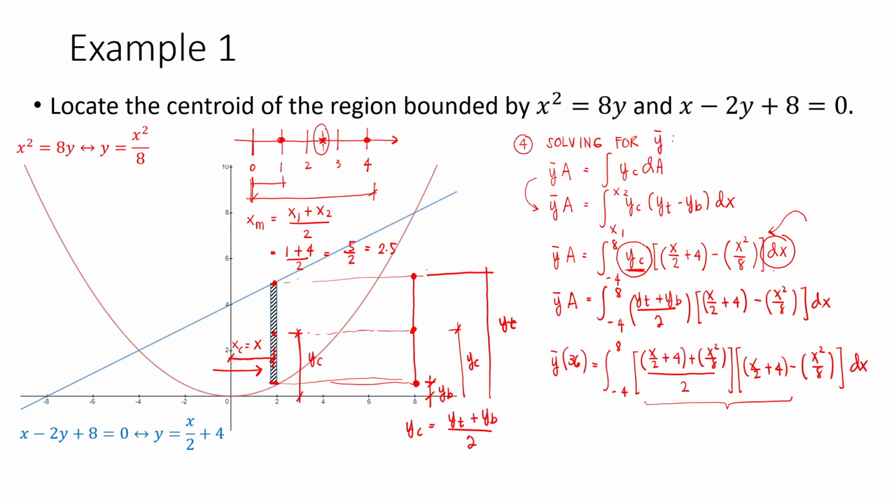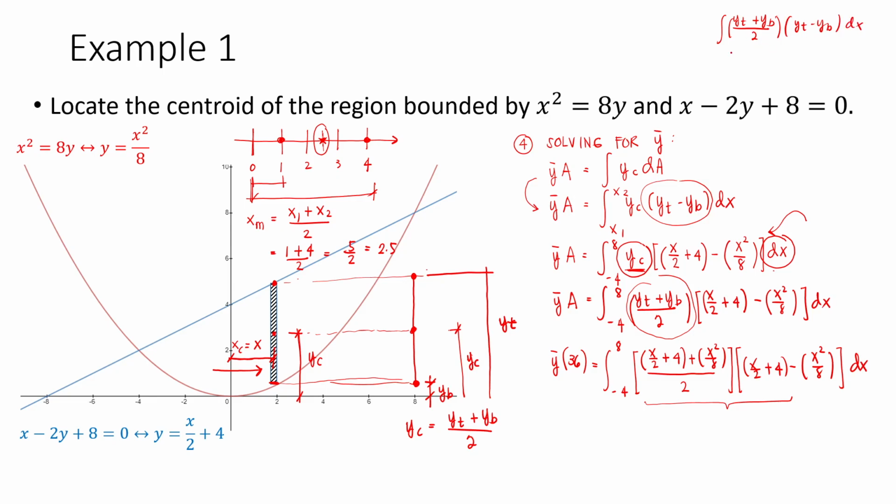As you can see here, y top plus y bottom over 2, multiplied by y top minus y bottom. I'm going to write it here on the upper right. So it will look like this: y top plus y bottom over 2, and then y top minus y bottom, dx.